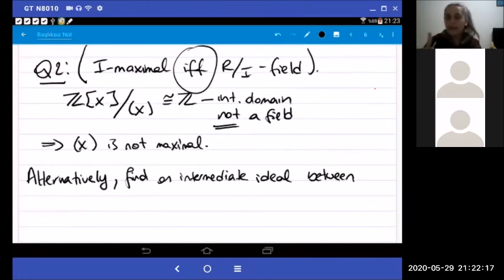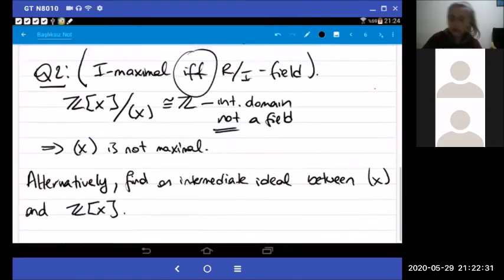Intermediate means that it is an ideal and not equal to the ideal generated by x or the whole ring. So we need to find such an ideal.